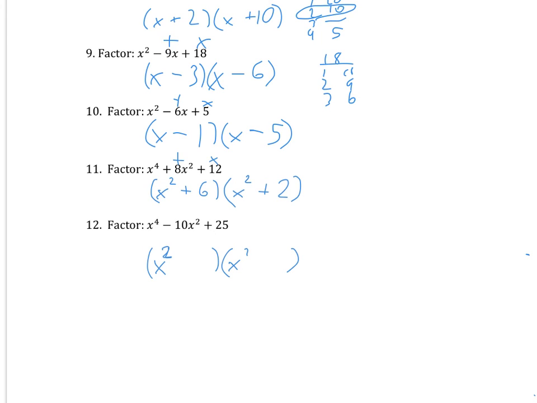And then multiply to be 5, but add to be negative 10. Well, that would both be the same number, negative 5, and that would be your final answer. Although there is something clever you can do. Since they both came out to be exactly the same, you can shorten it up as this answer if you want to.